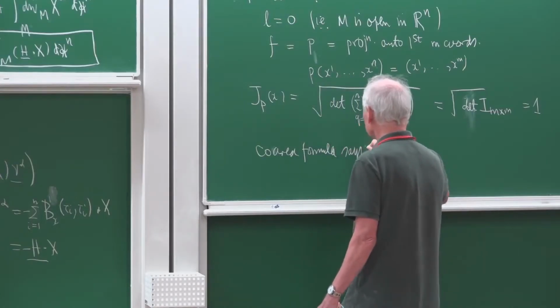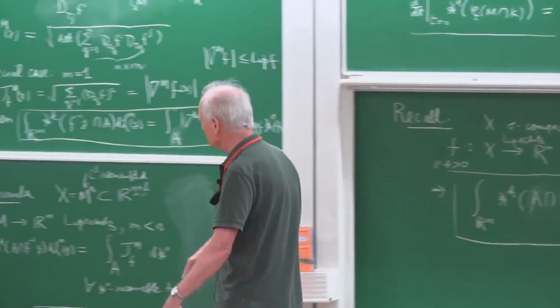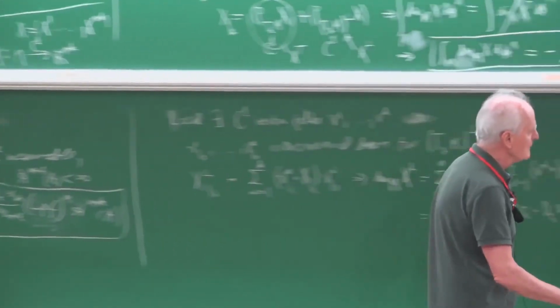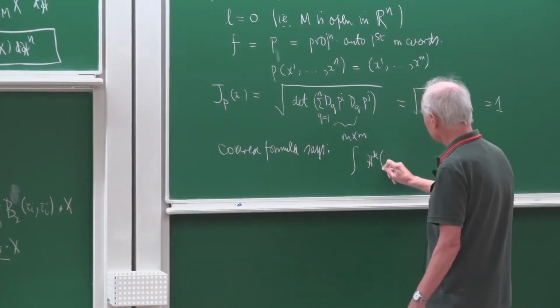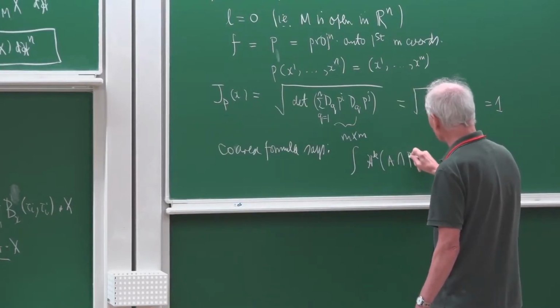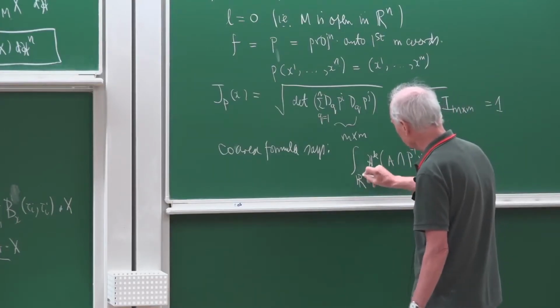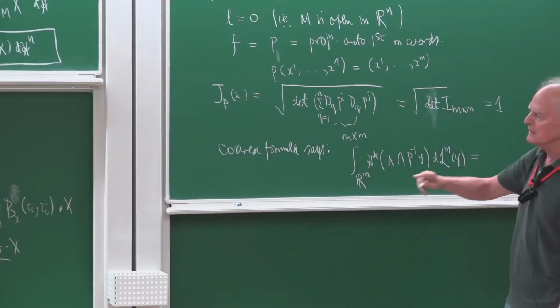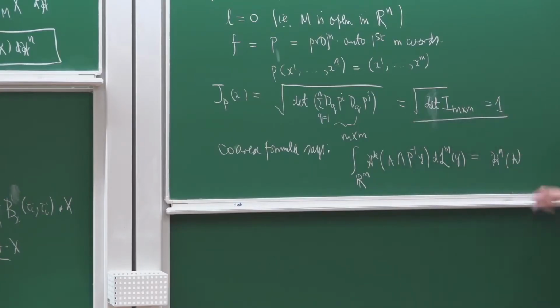And the co-area formula says, see, what does it say? You've got to take the k-dimensional Hausdorff measure of the inverse image under this projection P. So that's the integral over R^m of H^k of (A intersect P^(-1)(y)) dL^m(y), which is equal to just the n-dimensional Hausdorff measure of A, H^n of A. Remember, that's because J is equal to 1 in this case.